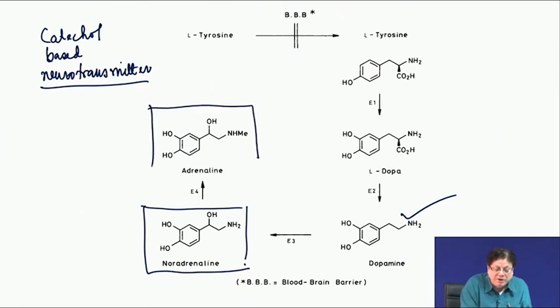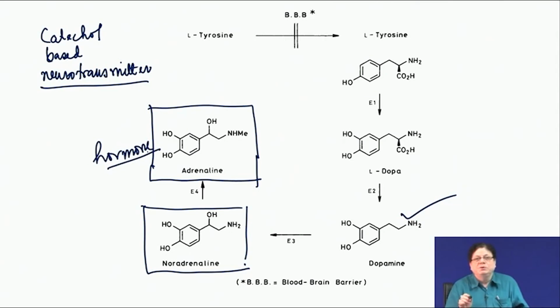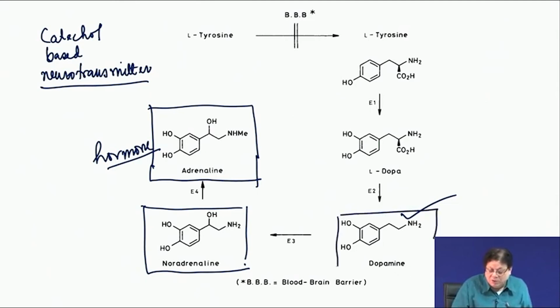By the way, adrenaline is a hormone, but these are neurotransmitters. You know the difference between the hormone and the neurotransmitter, that basically these are acting at a very short distance. Noradrenaline and dopamine also belong to the class of neurotransmitters.